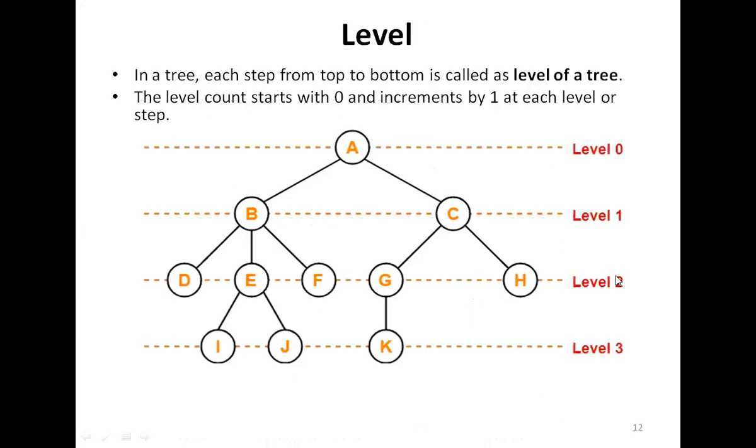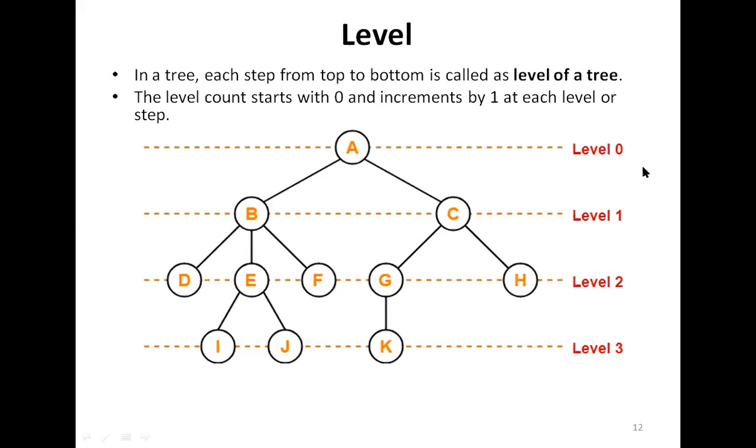Then level. In a tree, each step from top to bottom is called a level of the tree. The top node is the root node, and the level count starts from 0 and is incremented by 1 at each step.